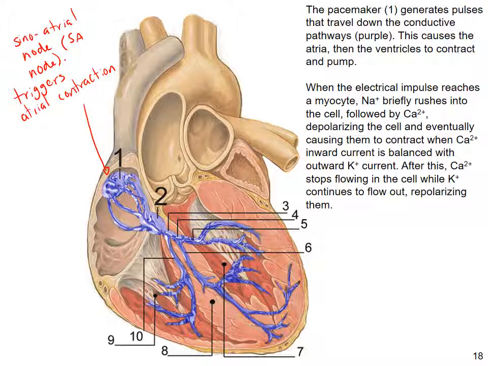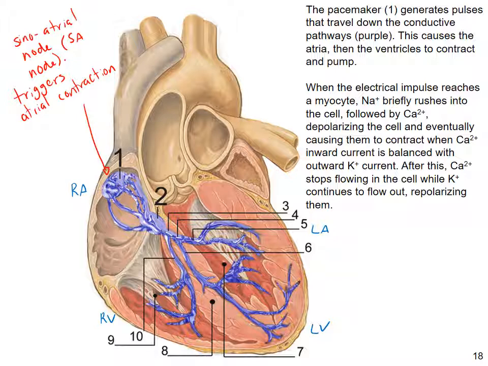Okay, so we get some signal that comes into the SA node, and this says, okay, go. All right, and just for clarity's sake, this is the right atrium, the right ventricle down here, the left atrium, and the left ventricle down here. Okay, so this SA node will start to trigger atrial contraction.